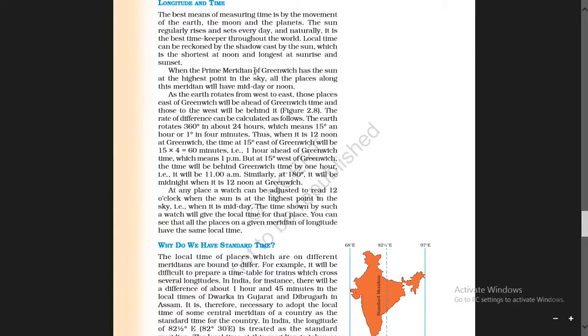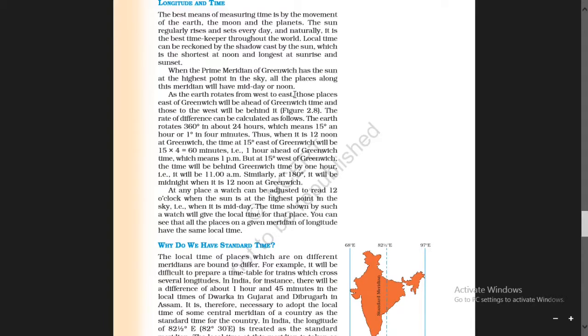When the prime meridian Greenwich has the sun at the highest point in the sky, all the places along this meridian will have midday or noon, as the earth rotates from west to east.